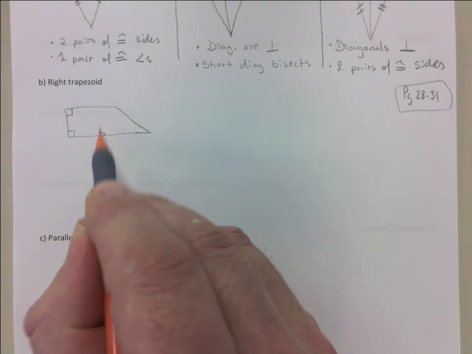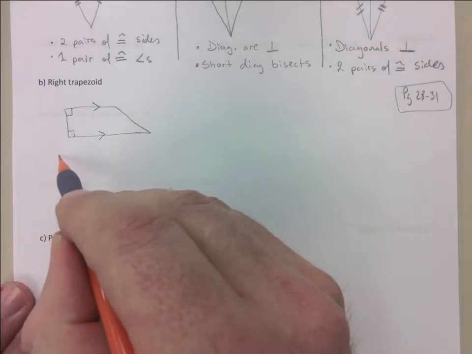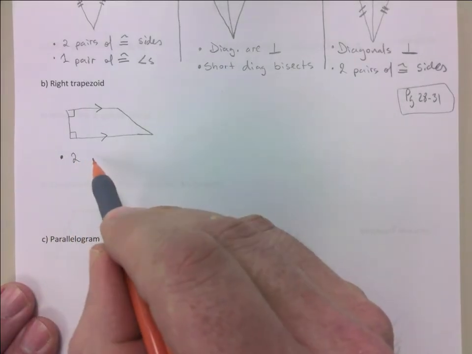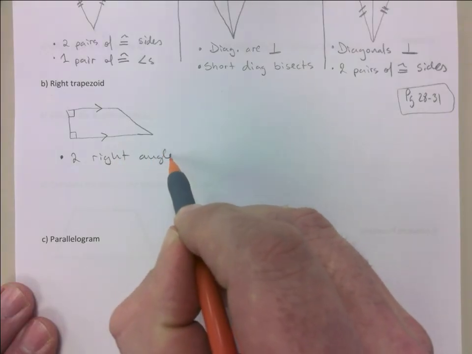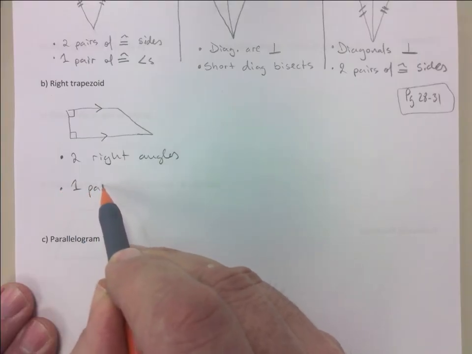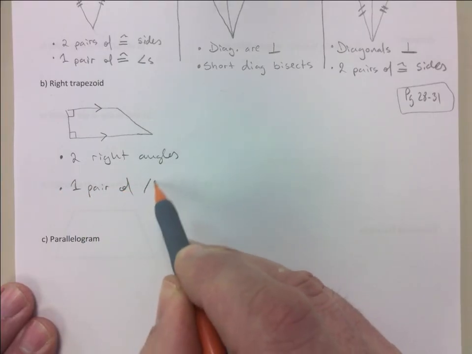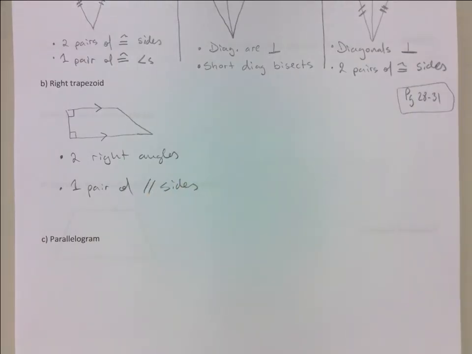And it's got one pair of parallel sides. So two right angles and one pair of parallel sides. That's it. You can't do more with that one. That's all you've got.